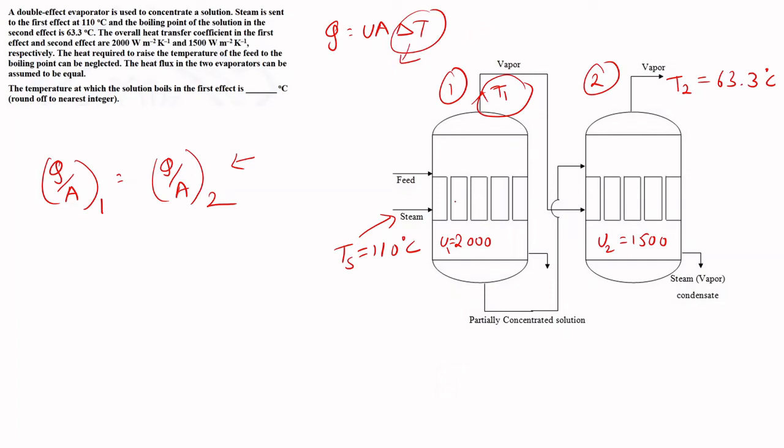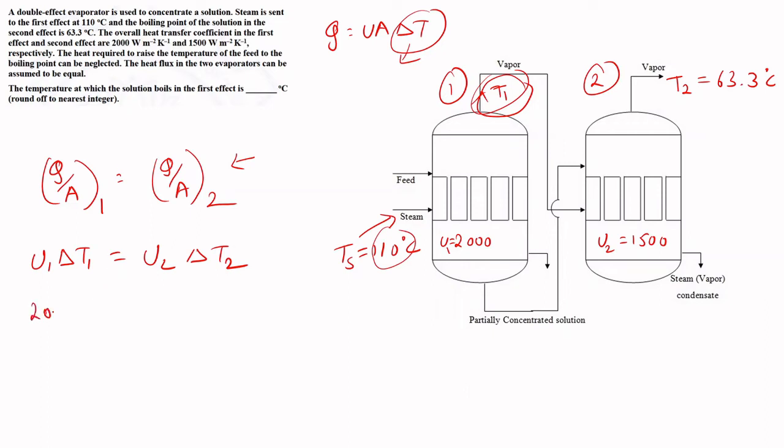For the first effect evaporator, the inlet temperature is 110 and the outlet is T1. Similarly, for the second, this vapor is going into the inlet stream, so the delta T would be T1 minus T2. So we will write U1 delta T1 is equal to U2 delta T2.